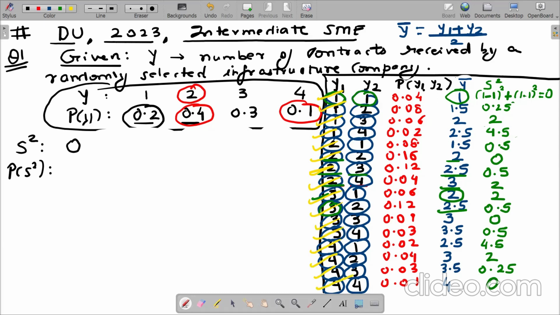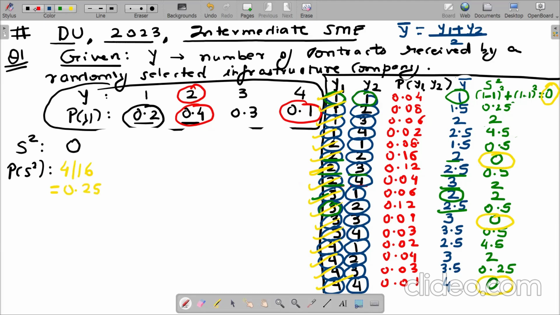S is taking the value 0 how many times? 1, 2, 3, and 4 on the top also. It's taking the value 0 4 times. So my probability is 4 by 16, which comes out as 1 by 4, which is 0.25.